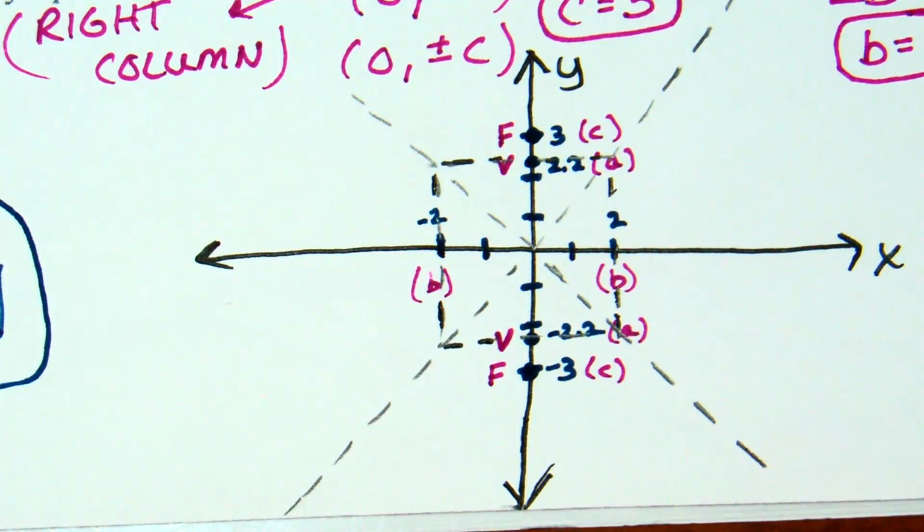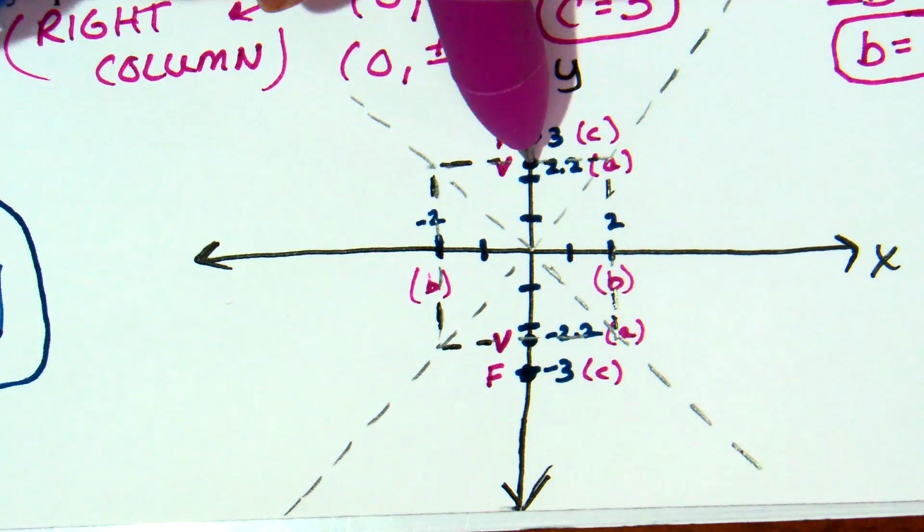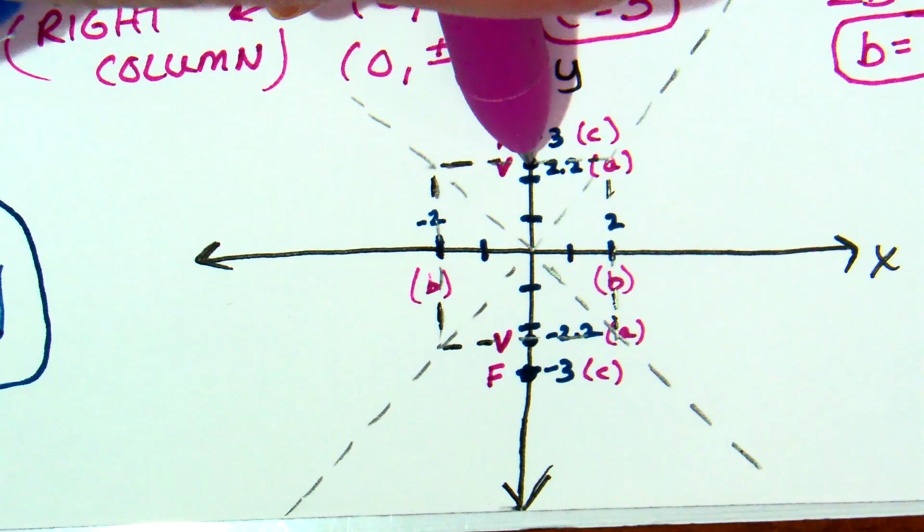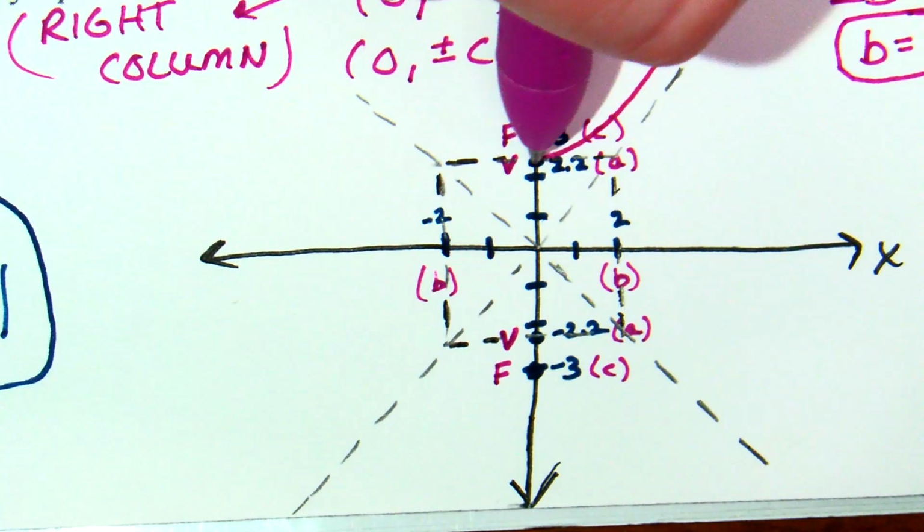Now, where do I draw this hyperbola? Within the asymptotes. And the main point of the hyperbola goes through the vertices, which was your A value. So your vertex is on the edge of that box. So I'm going to draw up here and up here.